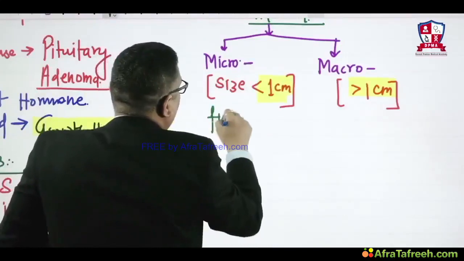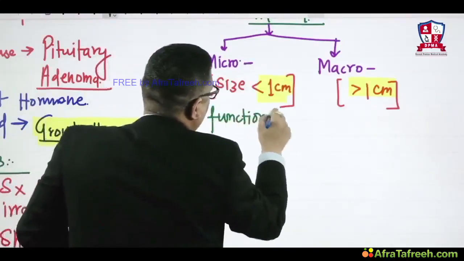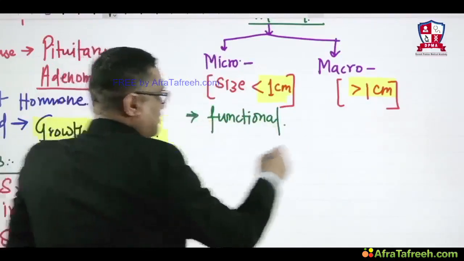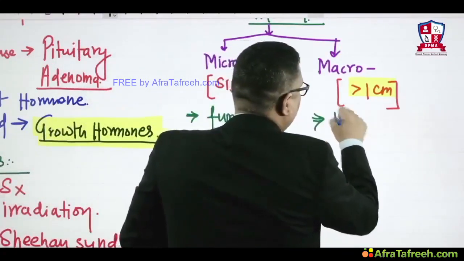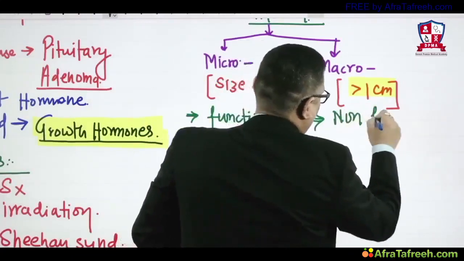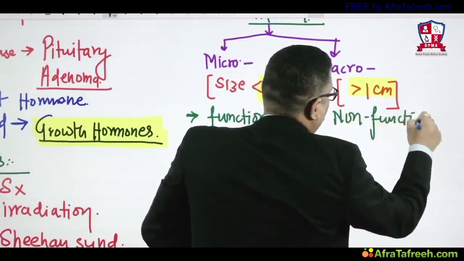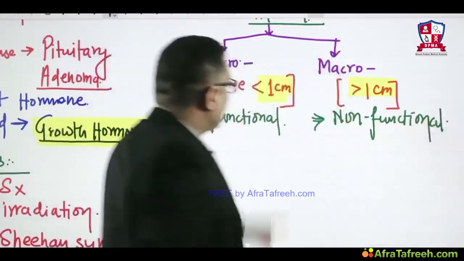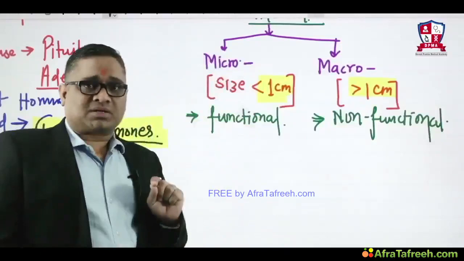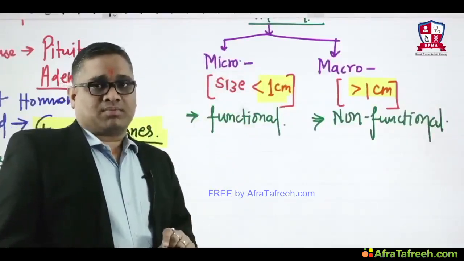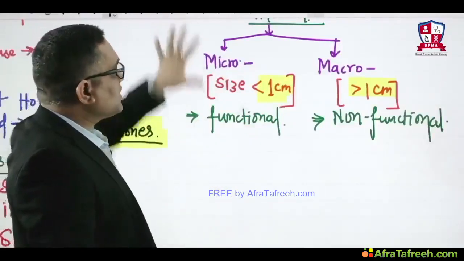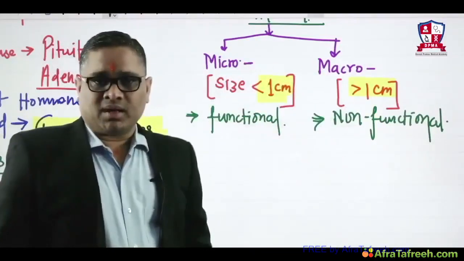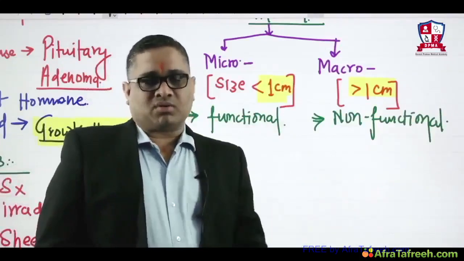Microadenoma is usually functional, whereas macroadenoma is usually non-functional. Even though they are larger, they are non-functional. Even though they are smaller, they will be functional. They will be causing problems, right? So micro is functional, macro is non-functional.